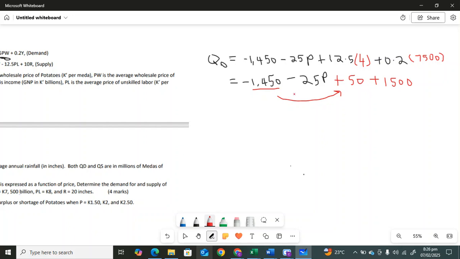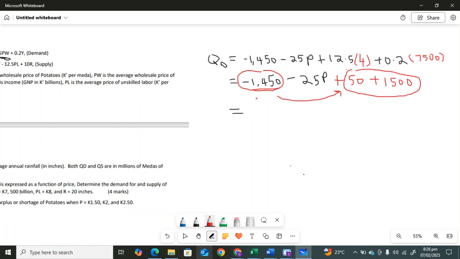So 1,550 minus 1,450, what do we get? Or negative 1,450 plus 1,550. I hope I'm not confusing anyone here. We're just adding these two numbers. What value do we get? 100.